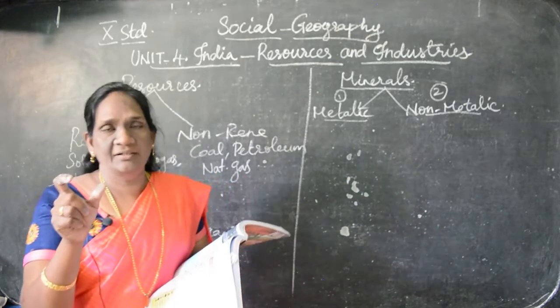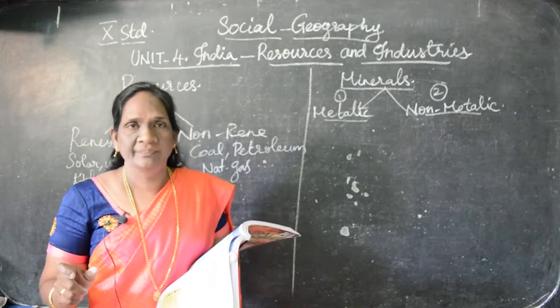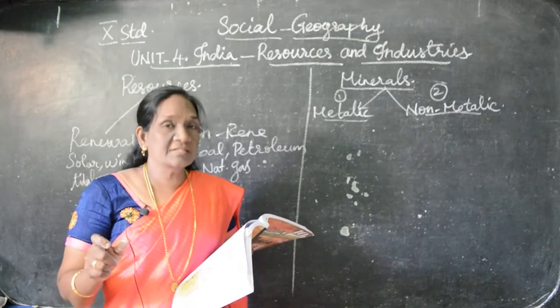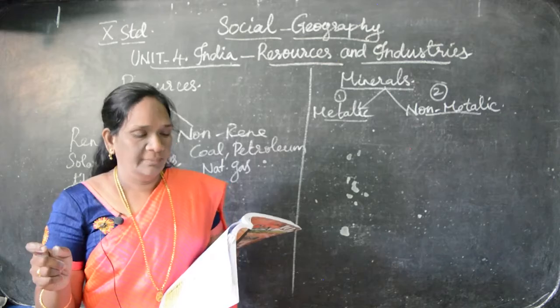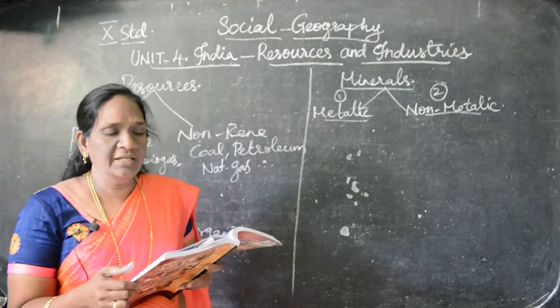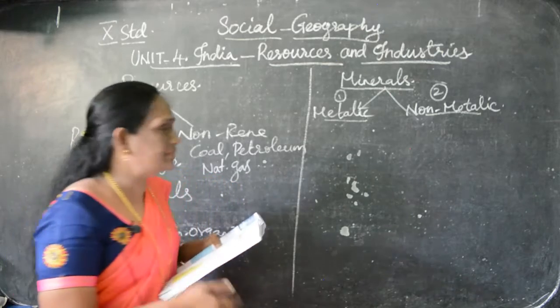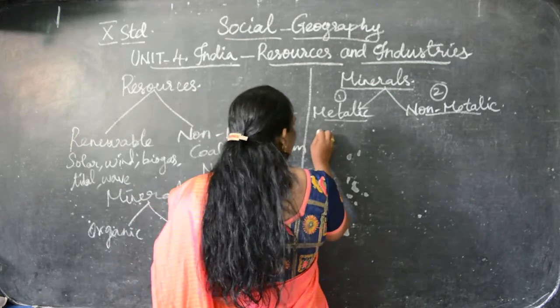The metallic minerals will be hard in nature. Understand? And they occur very rarely. Metallic minerals are deposited with various metals, such as in India we are having various metals. What are all the metals?